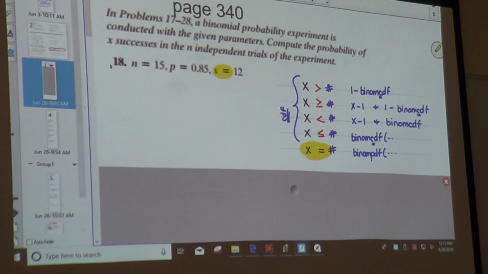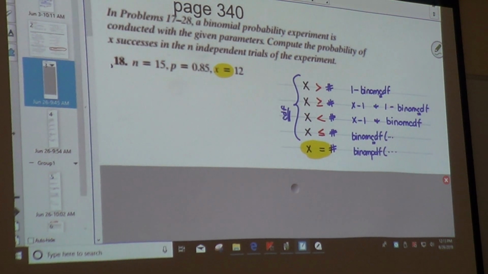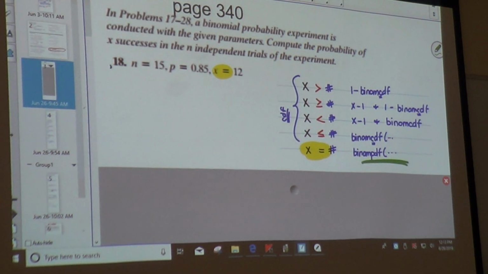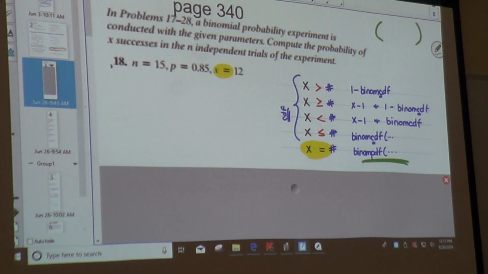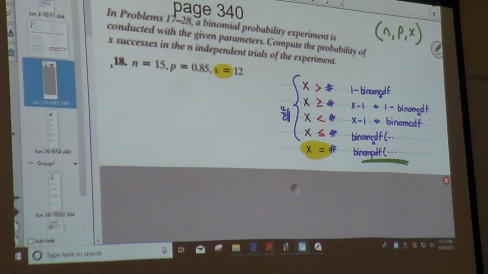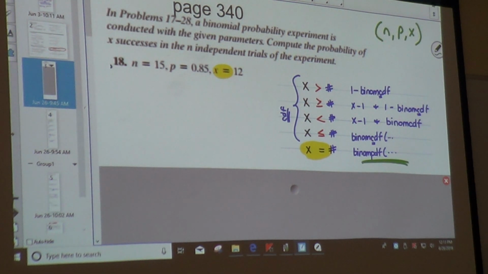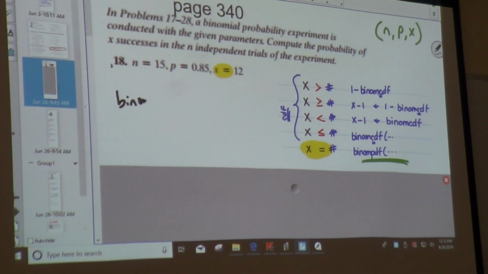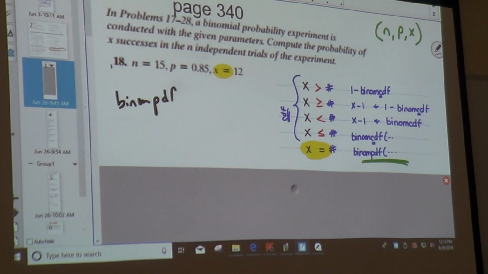That means I'm choosing the last one. And remember, in the parentheses, they were in order, so it's n, p, and x. So we're going to do the binomial PDF of 15, .85, and 12.